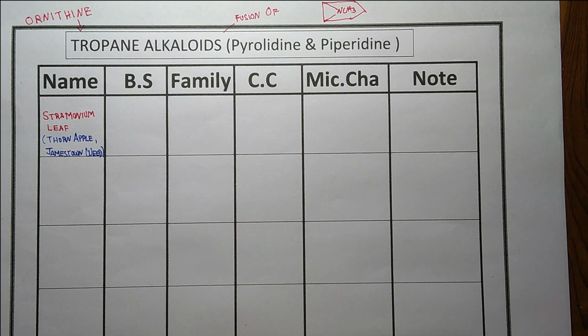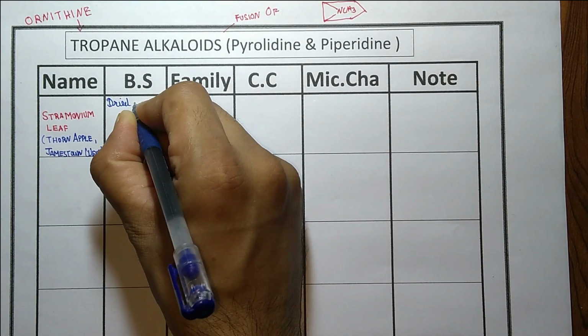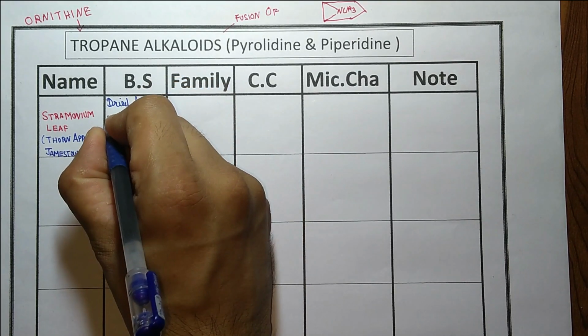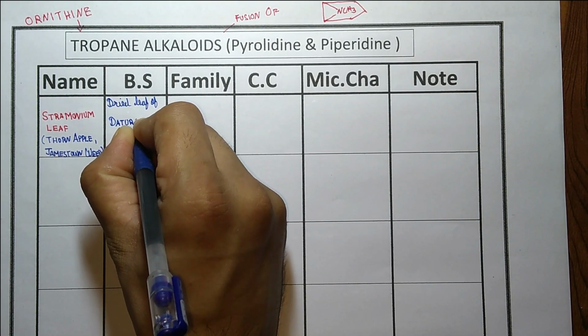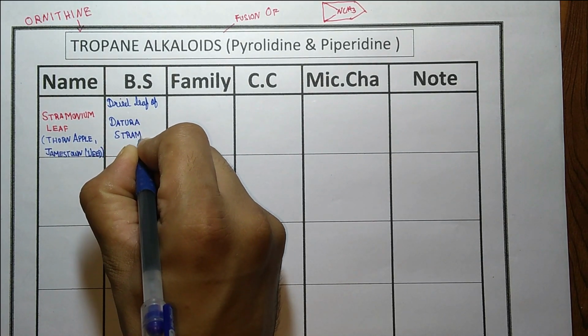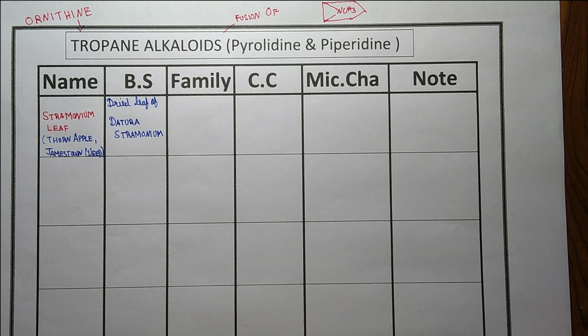It is obtained from the dried leaf of Datura stramonium. And what is its family name? Family name is Solanaceae.